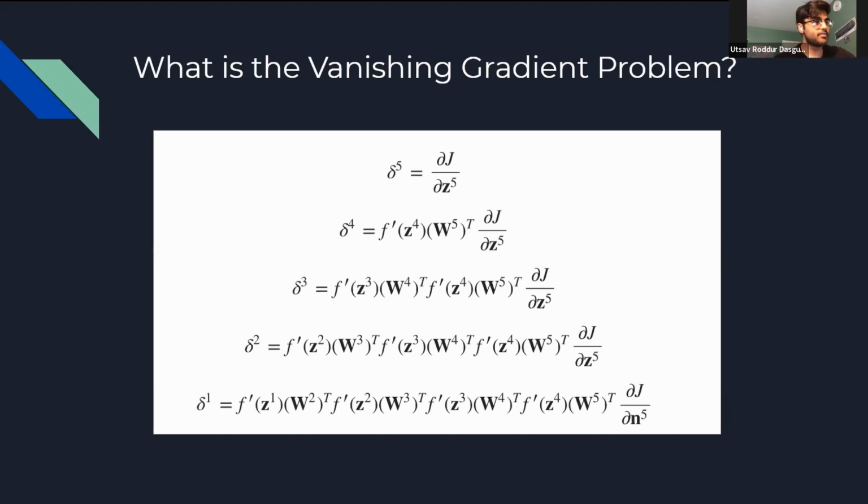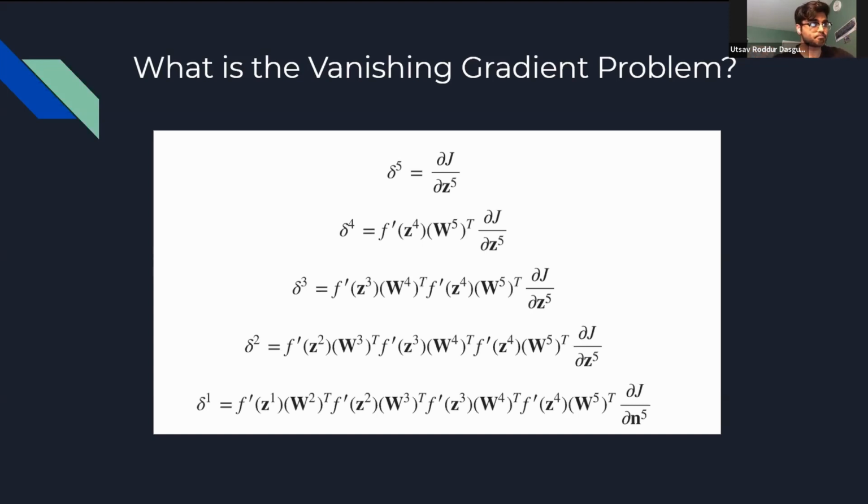When you get down to the input layer, the chain rule leads to you just multiplying a bunch of terms together. Imagine that all of these terms are really small, like 0.1 or 0.01. When you multiply them all together, you get a tiny, tiny number, which could even round off to 0. That's what we call a vanishing gradient.